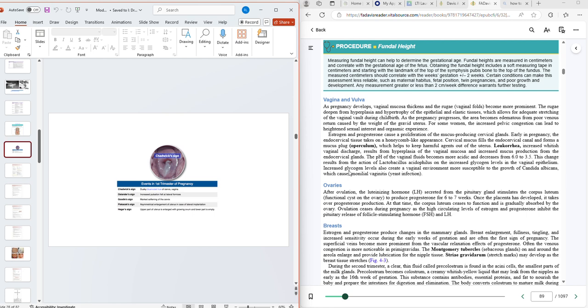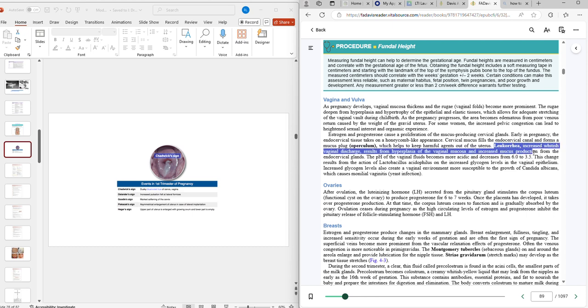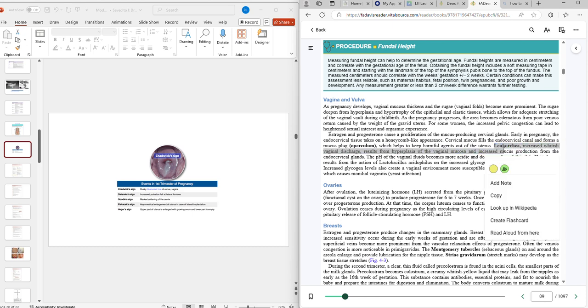All right, the vagina and vulva, okay? So you have some leukorrhea, which is the white discharge that happens from hormones during pregnancy. Another term: increased mucus. And then you have a wink and a lollipop, okay?